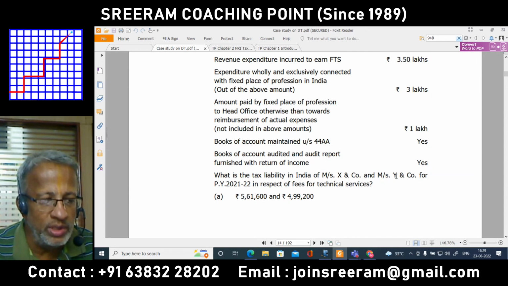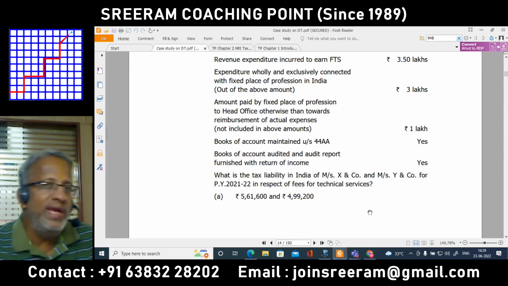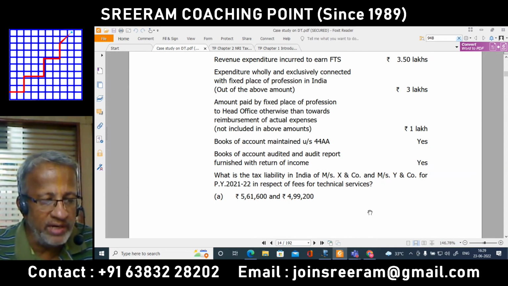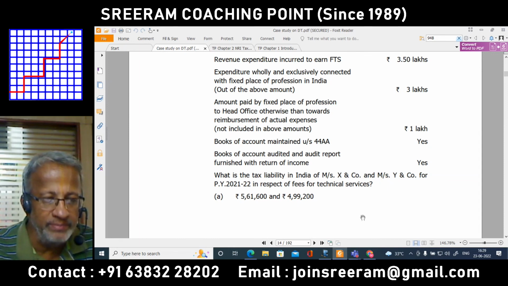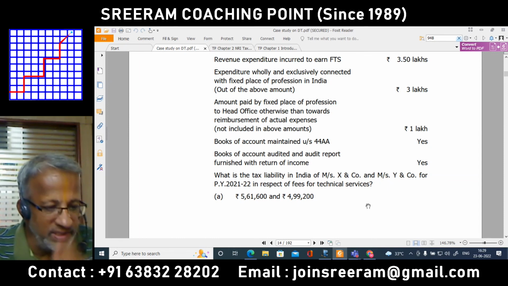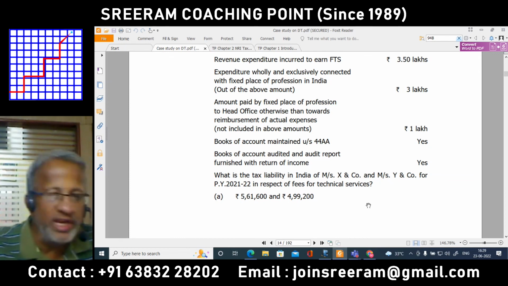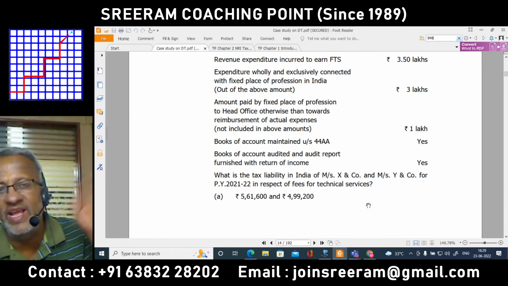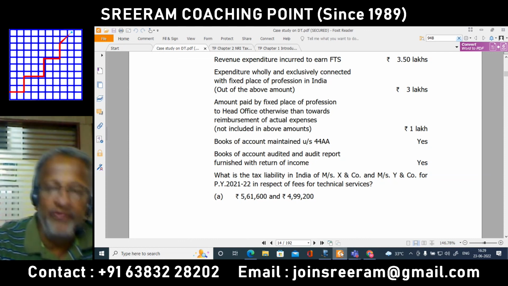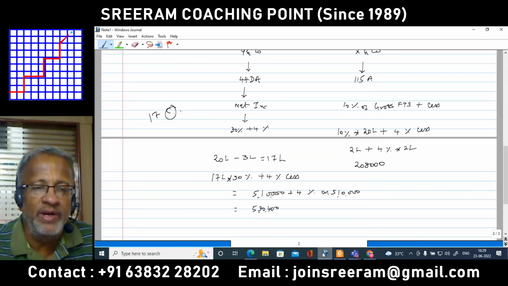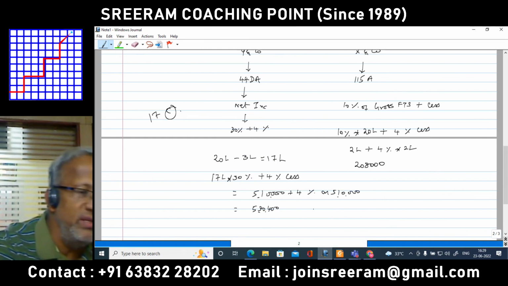What will not be allowed is expenditure not wholly and exclusively connected with the place of profession in India, and amount paid by the fixed place of profession to the head office otherwise than towards reimbursement of actual expenses. Of course, they have said that what is not included above cannot be taken up for deduction and it will be disallowed. So the appropriate choice in this particular case is 17C.